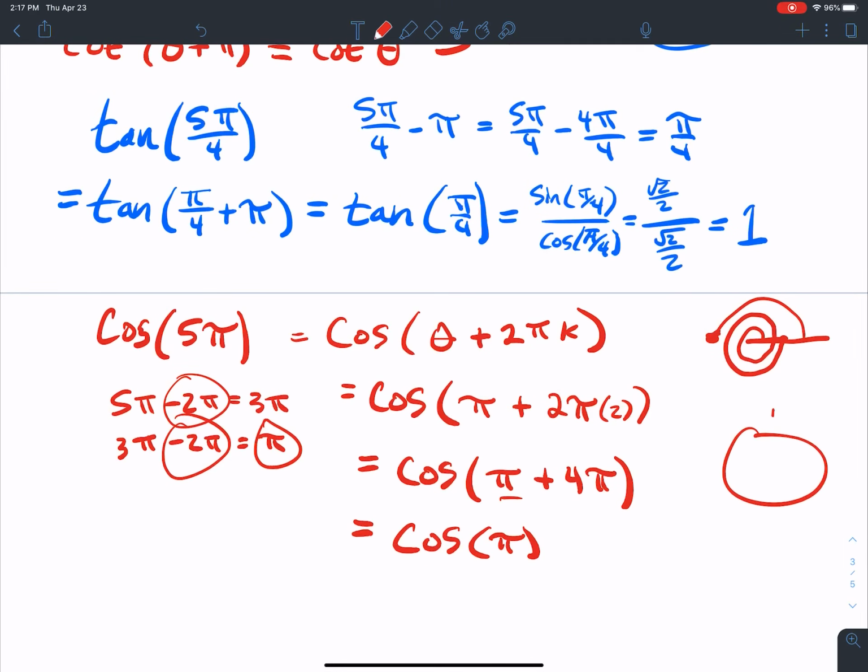When you think about a unit circle, if I rotate all the way around, what is the x value over here? The x value is equal to -1. So hopefully that helps you out as you're dealing with finding exact values using periodic properties.